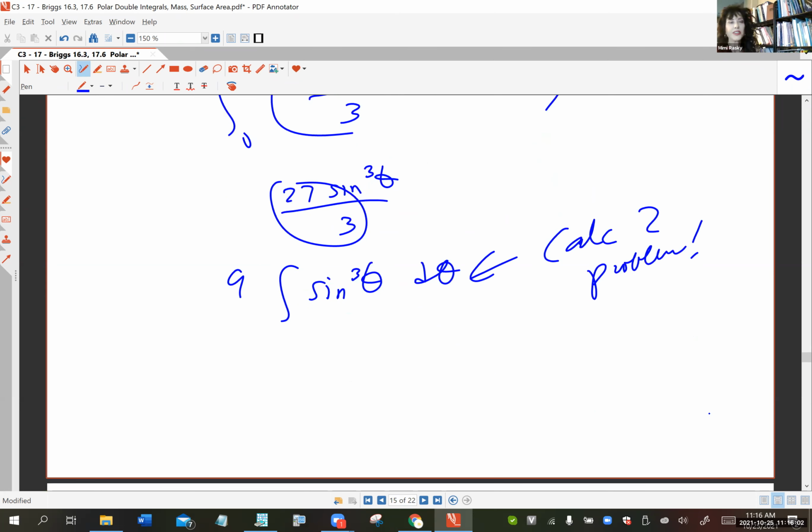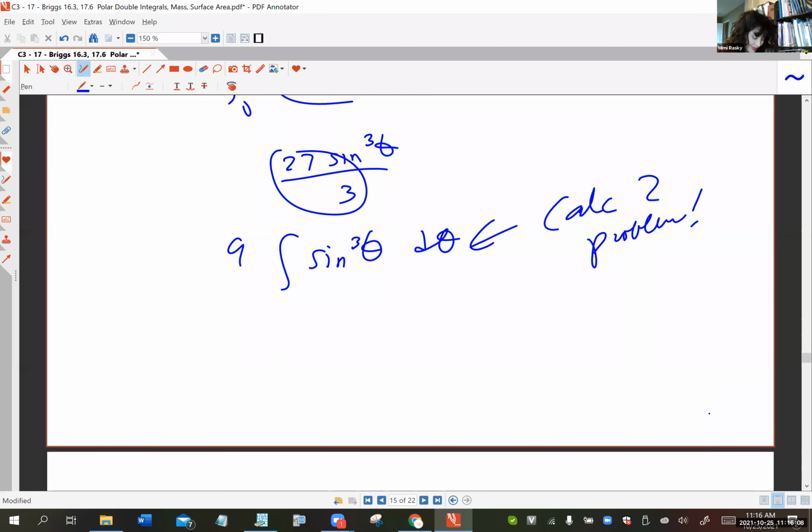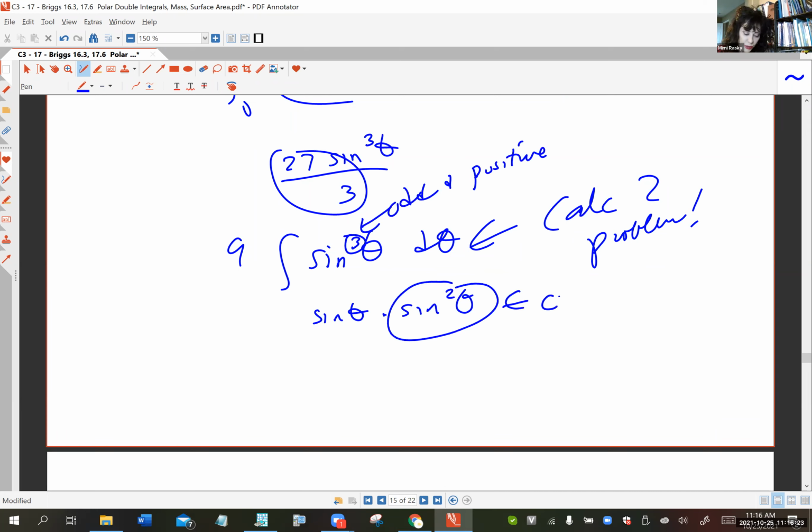How did you deal with sine cubed of theta? Not the power reduction formula. You first rewrote it as sine theta times sine squared. This is because the 3 is odd and positive, and you had to use these guidelines for powers of trig. And then you convert the remaining sines to cosines.